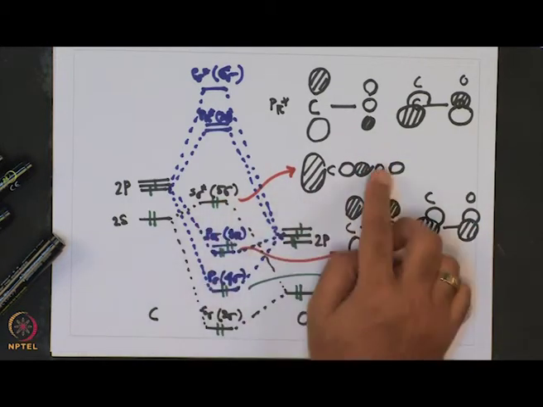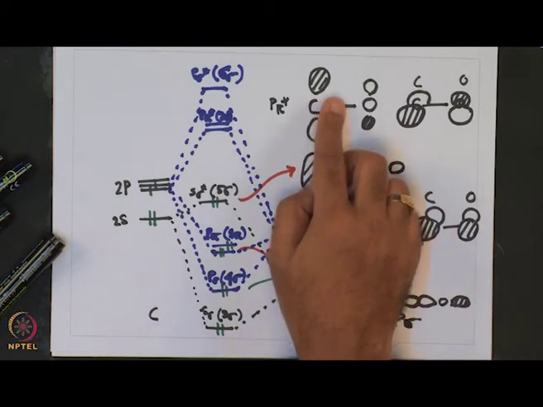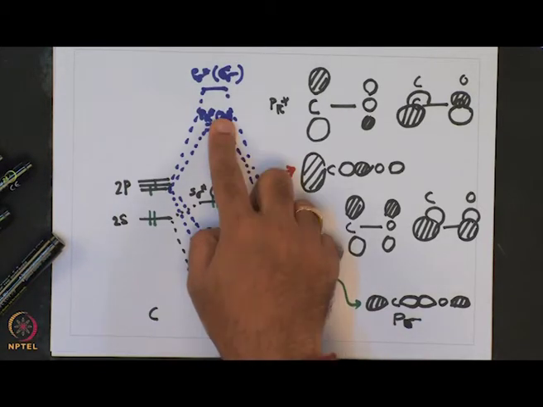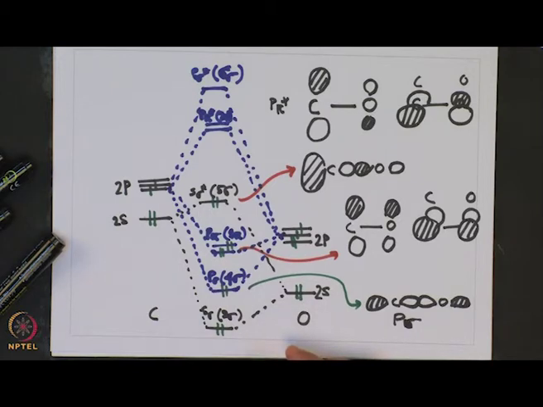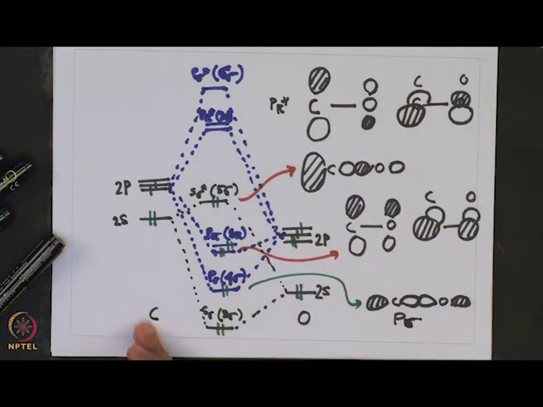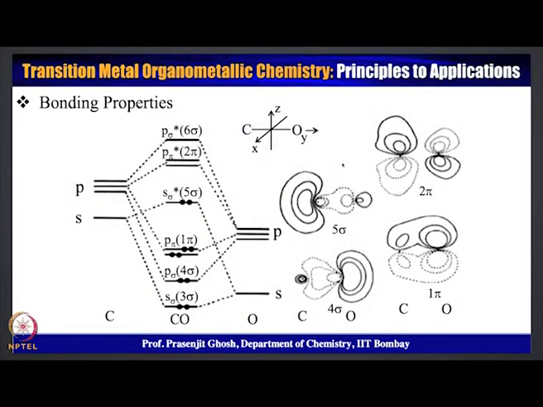Now, this is the sigma star orbital, which is over here, and then the pi star orbital comes around over here. These 5 sigma and P pi star are the frontier molecular orbitals, and these frontier molecular orbitals interact with the metal orbitals, and then the binding modes of how these frontier molecular orbitals interact with the metal come into picture.